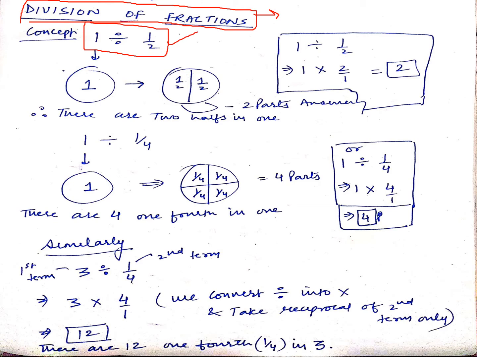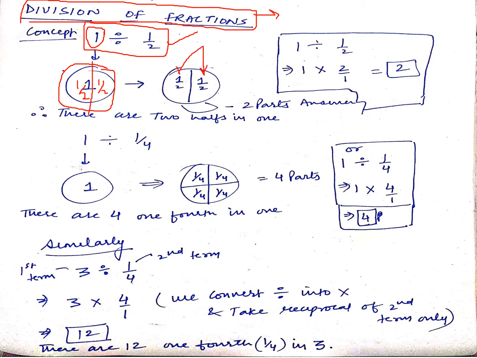For this I have given you a video also. You should see that video for the concept. Now see, you can take this one as a complete circle. When it is divided by half, that means you divide it in how many parts? Half parts. So half part here and half part here. After dividing, what you observe is how many parts you have got?